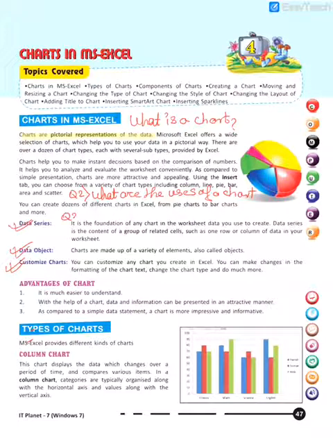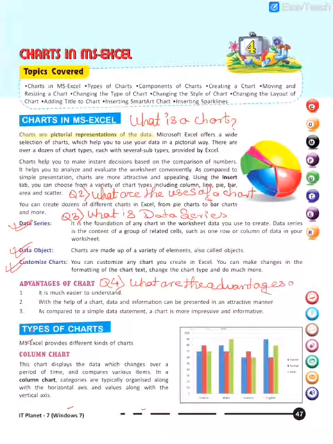Third question: What is data series? And question 4, final question for today: What are the advantages of a chart? Let us add one more question, total 5 questions. The 5th question: Name the different types of chart.